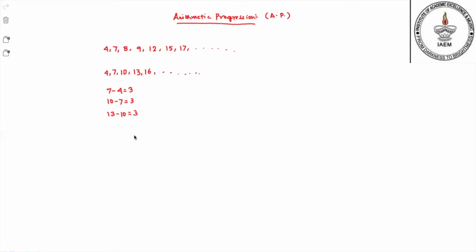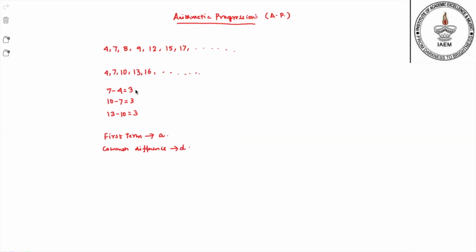So in generalized terms, if we denote the first term by the letter small a, and if we denote what we call the common difference as small d. Why common difference?